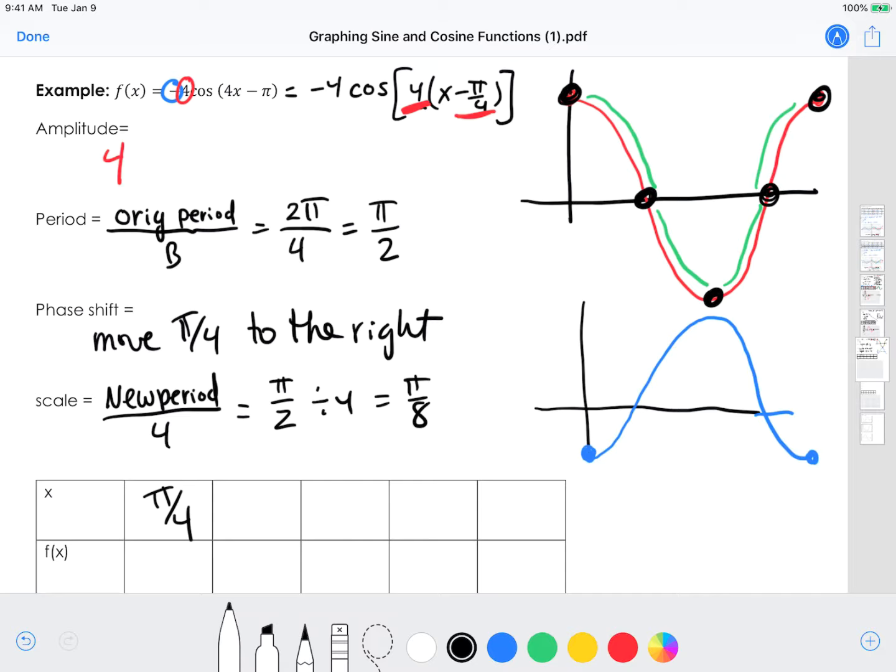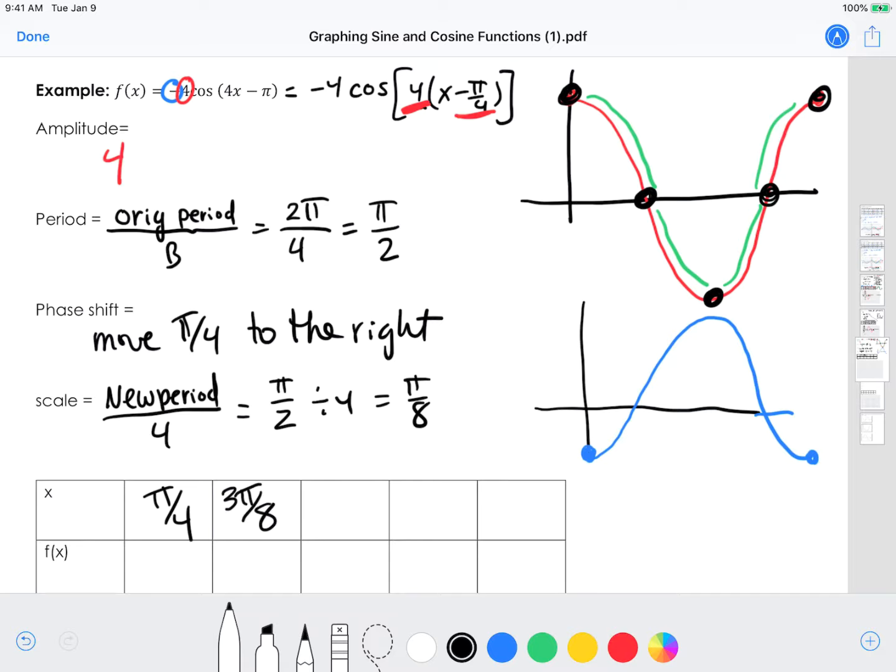I'm going to keep adding pi over 8. So if I take pi over 4, and if you have to do this on the side with scratch paper and find a common denominator, that's totally fine. If I take pi over 4 and I add pi over 8, that's going to give me 3 pi over 8.